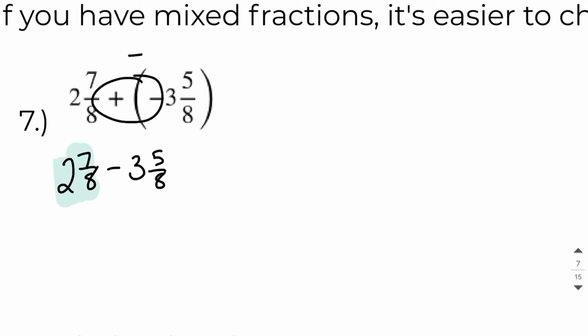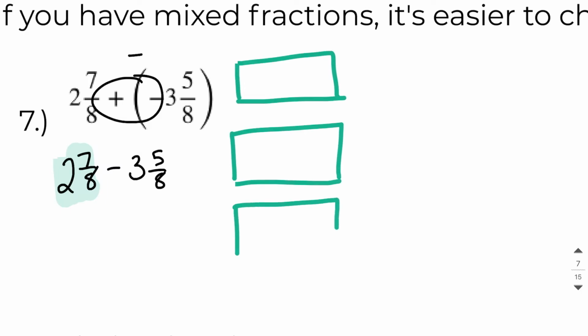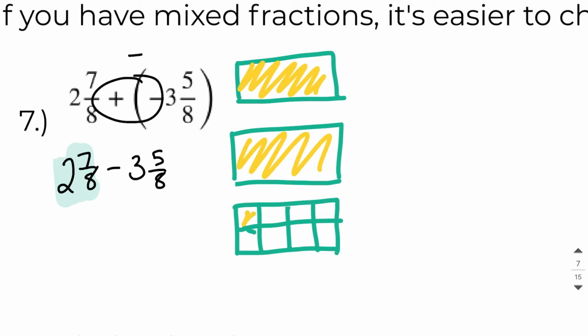Well, what this is saying is that I have 2 whole bars, and then I have another bar that is 7/8 full. So 2 whole bars plus another bar that is almost full, but 1/8 of it is missing.